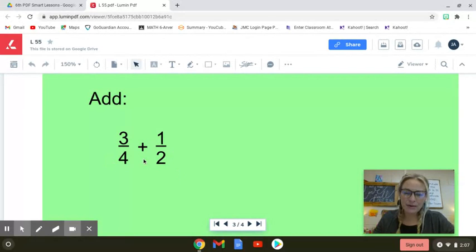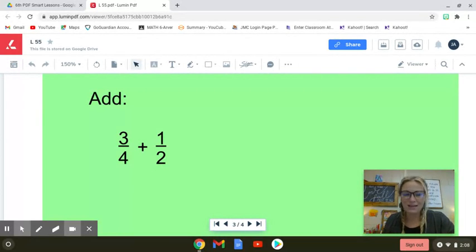And I gave you a little bit of a heads up in telling you that one of them is going to be okay as is, and one of them is going to be renamed. In this case, and in every case when we're working with numbers like this, it'll always be the larger number of the two that can stay, and the smaller one is going to have to be renamed.